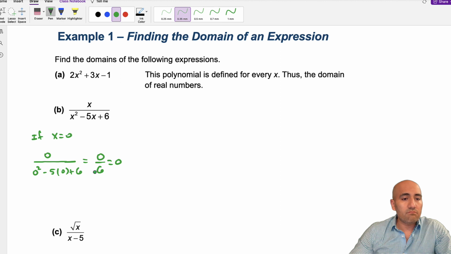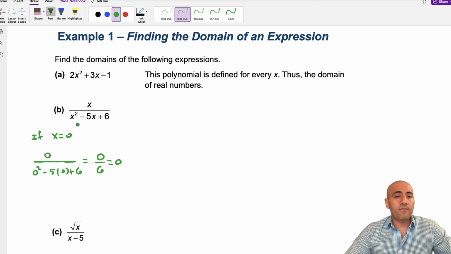So that's perfectly okay. 0 is a valid result. What we can't have is a value of x in the denominator that results in a 0. To figure out what that is, we need to factor the denominator.